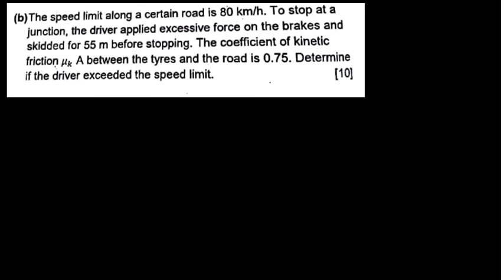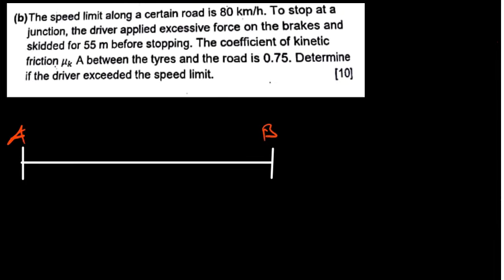Okay, so let's assume you are moving from point A all the way to point B. So here is our point A and here is our point B. Now here is the car.